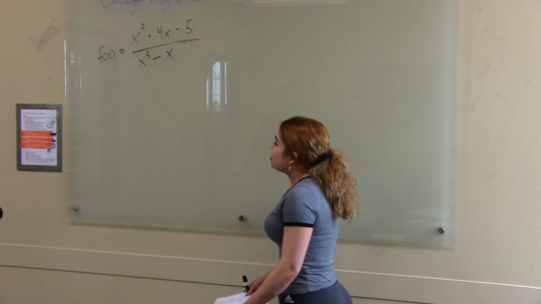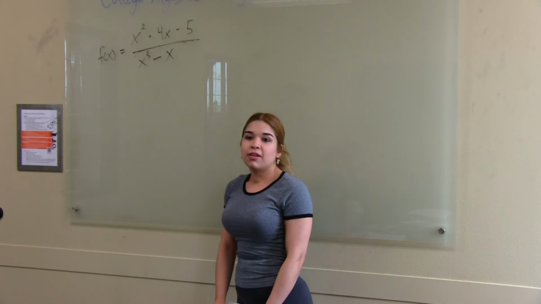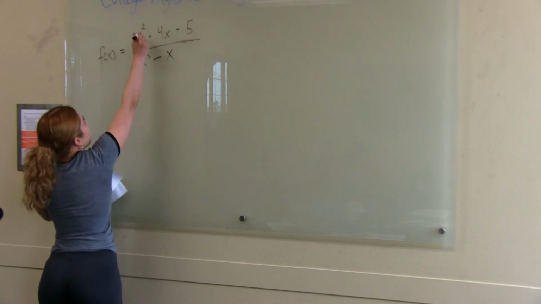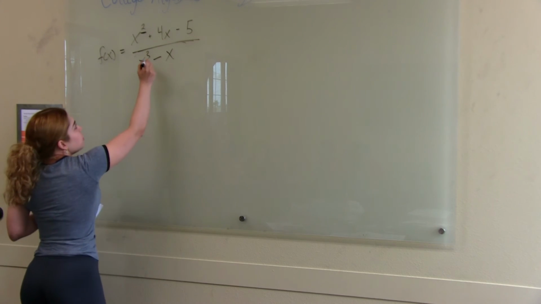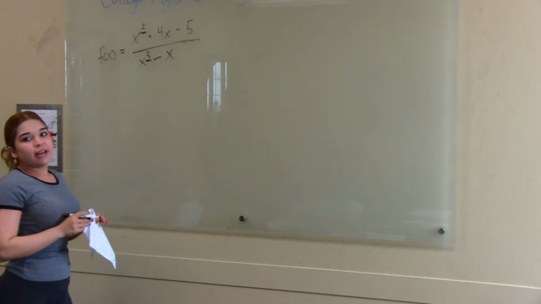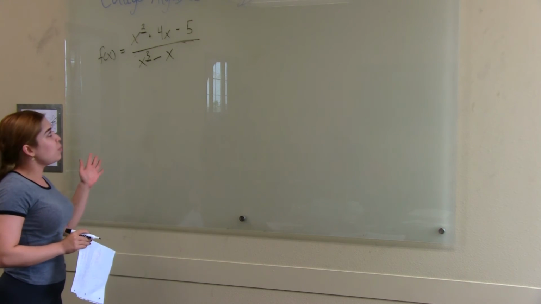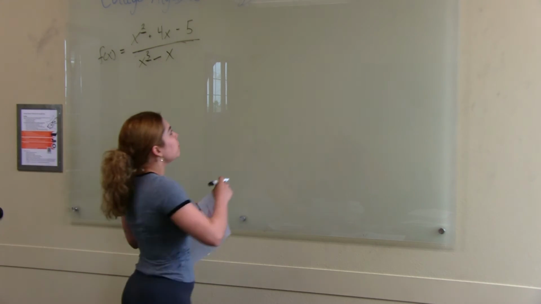Okay, so the problem is asking for the oblique asymptote. And since we have right here a higher power than this, we can't divide. So for the oblique asymptote, there is no oblique asymptote in this problem.